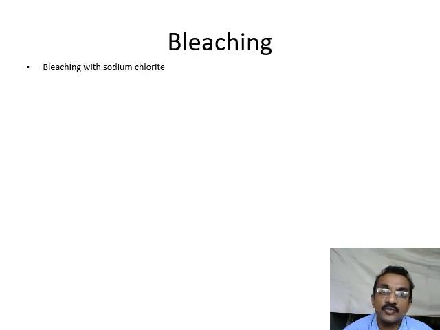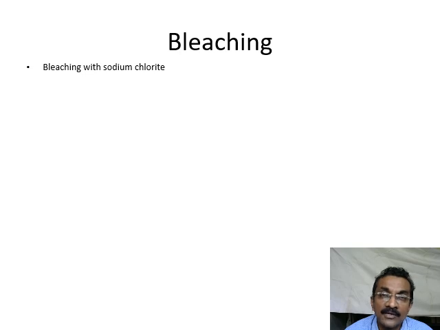The next oxidizing bleaching method is sodium chlorite bleaching. Sodium chlorite bleaching is mainly not used for 100% cotton fabric, because the process is mainly carried out at acidic pH, and it damages the cotton fiber strength.